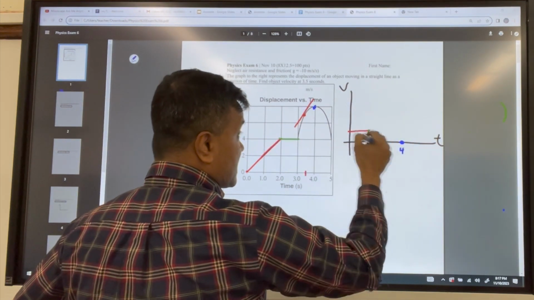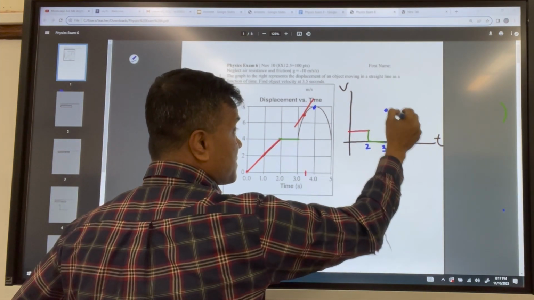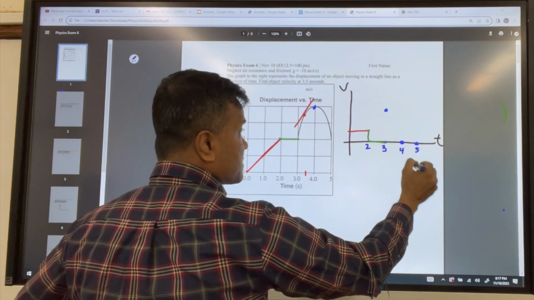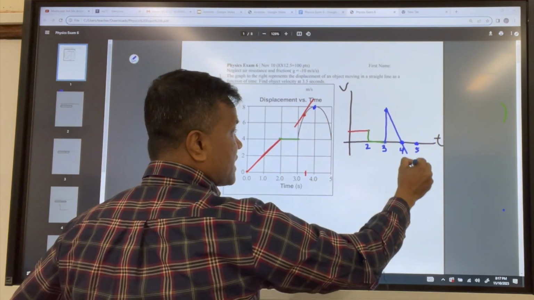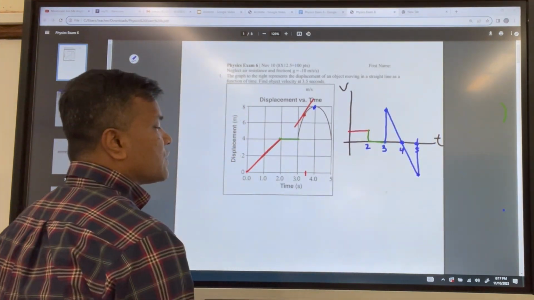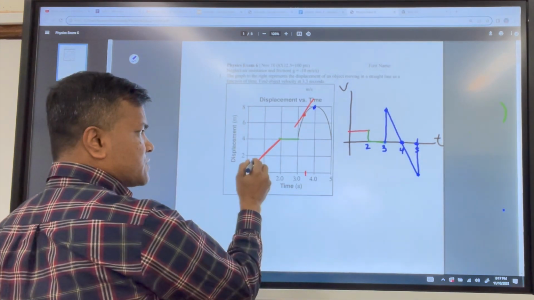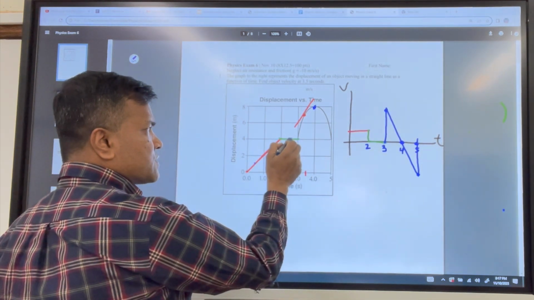At 3 seconds your speed is maximum. At 5 seconds your speed is also maximum, right? So you have a diagonal line over here. You know the slope of this one is 2, the slope of this one is 0.